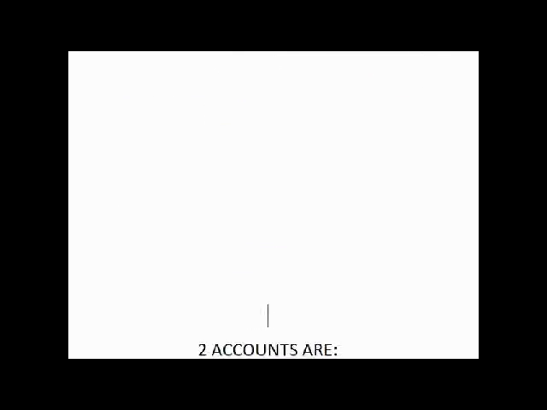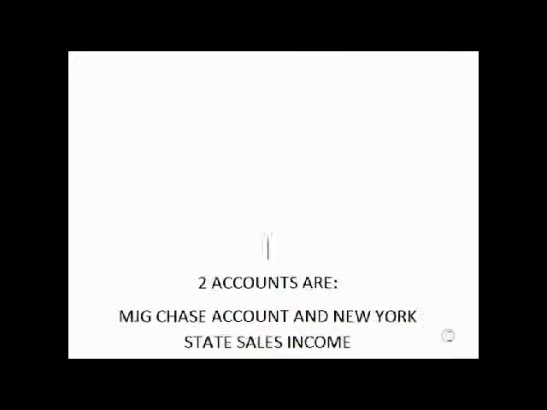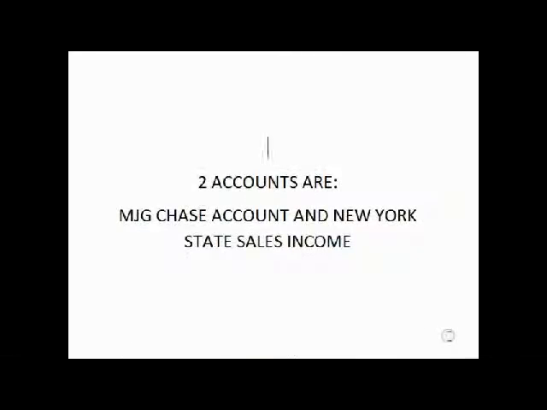That's right. The 2 accounts are MJG Chase checking account, which certainly would show up on the trial balance for $10,000, and New York State sales income, which would show up on the trial balance for $10,000, and these are the 2 accounts involved in our first journal entry.